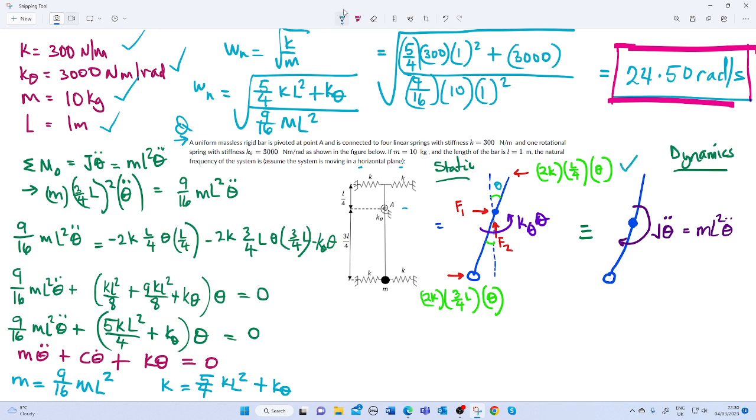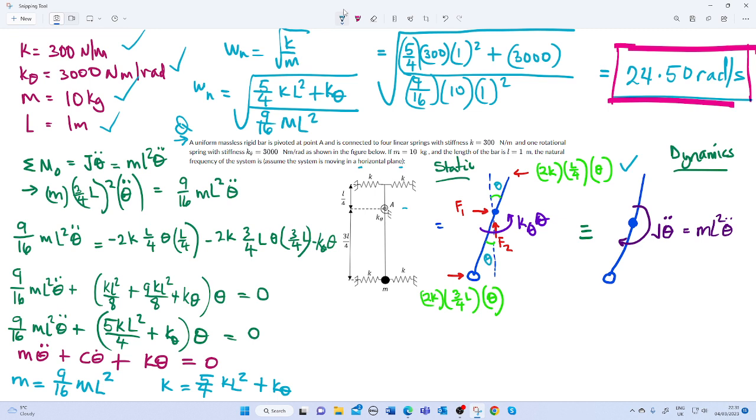Now looking at the mass position, where the mass is situated, we have the 2 springs connected in parallel. So it becomes 2K multiplied by the length of the rotation, which is 3 over 4 L, multiplied by the angle theta.